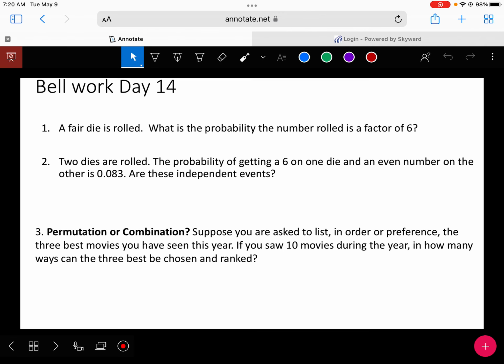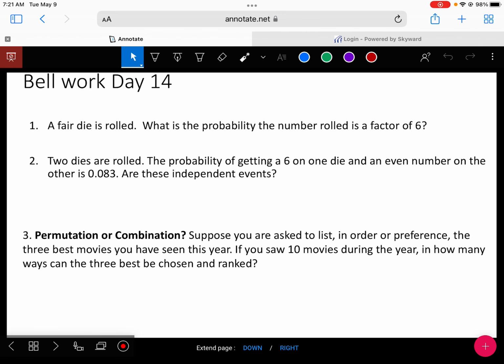All right, so here's the first problem. A fair die is rolled. What is the probability that the number rolled is a factor of 6? Well, first of all, you have to know what a factor is, right? What are factors of 6? 2 and 3.